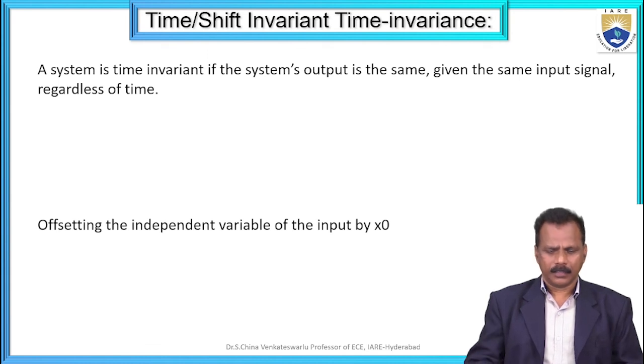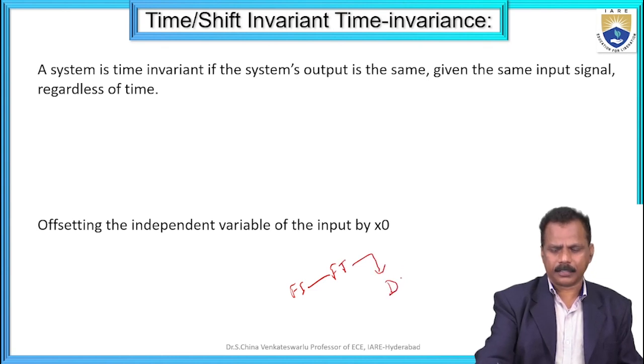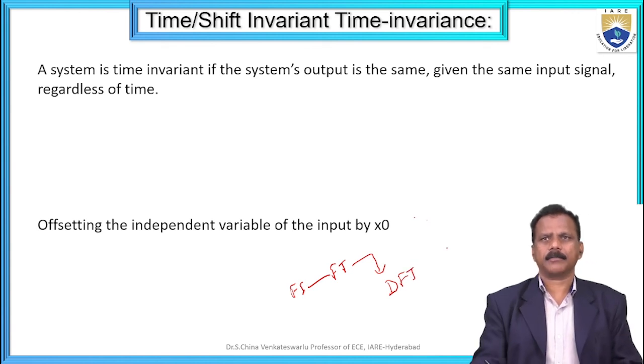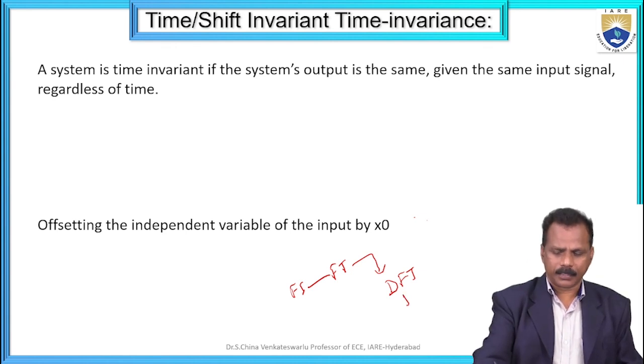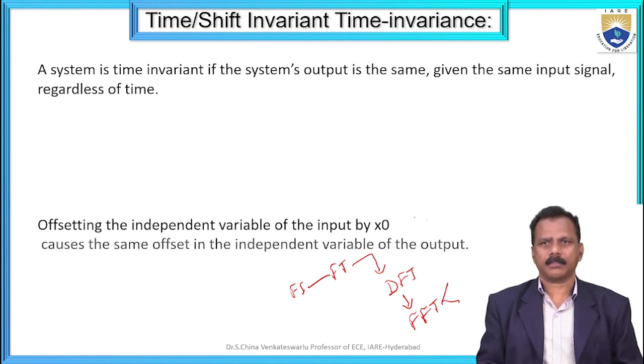Without the Fourier series, there is no Fourier transform. From this Fourier transform we get the DFT, from continuous time to discrete time and continuous frequency to discrete frequency, and so on. From that, we verify the FFT, the fast Fourier transform. So we require all this system variation.